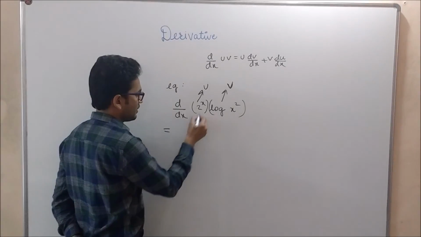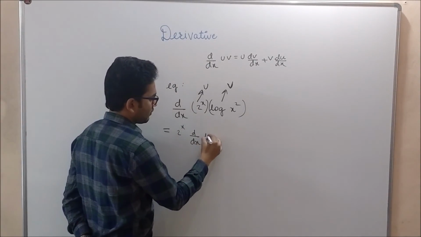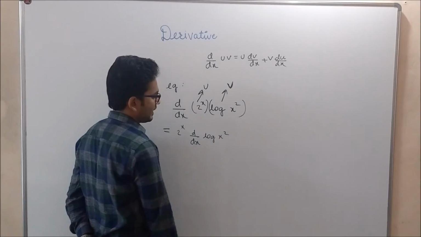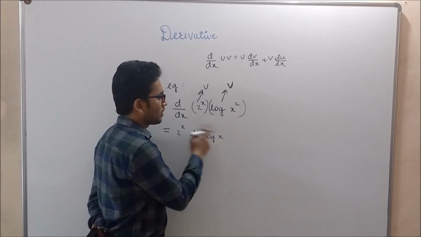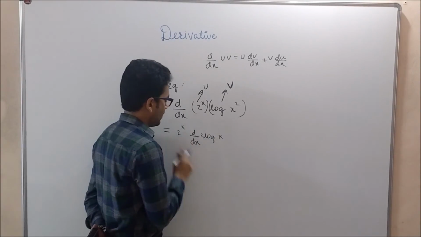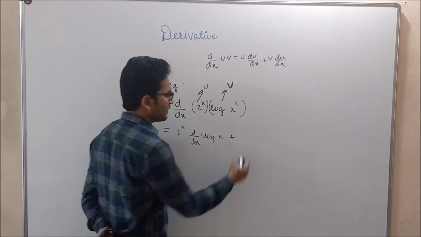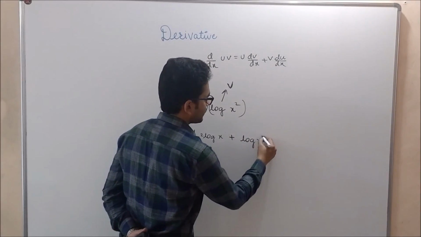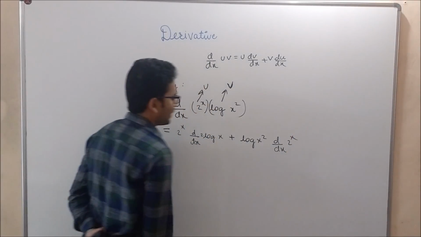So do the same here, u as it is, derivative of v, that is log of x square. And one more important thing, the property of log of x square, 2 comes in front, right? So 2 raised to x derivative of 2 log x plus v, that is log of x square, derivative of u, that is 2 raised to x.